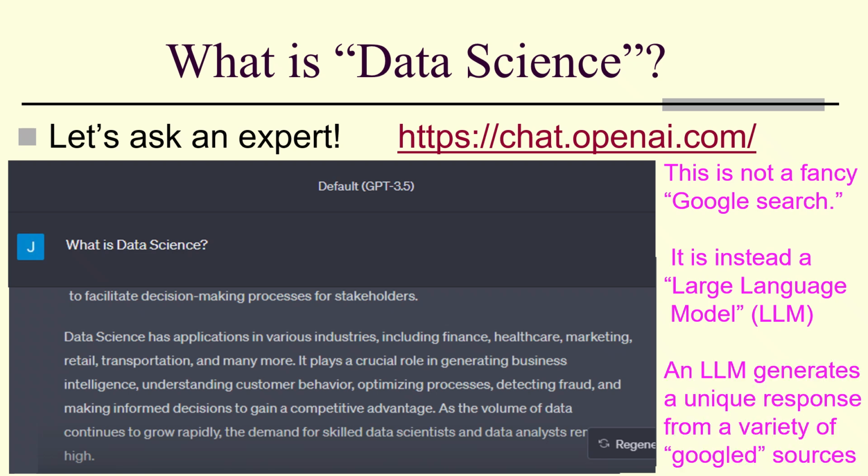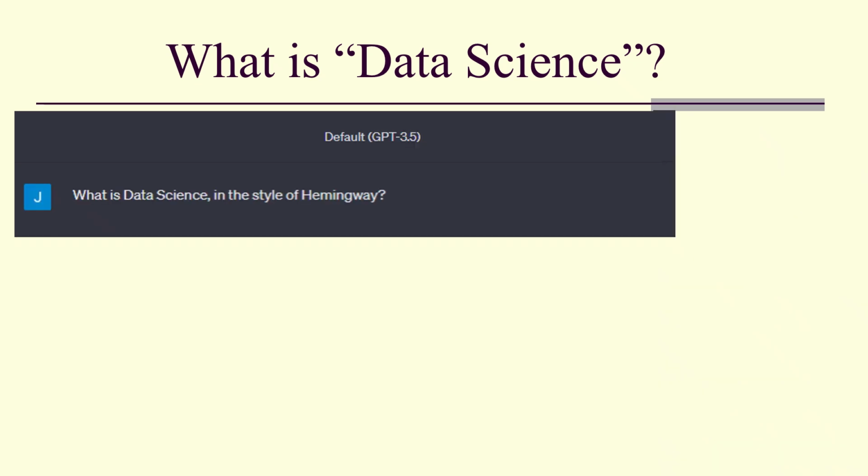And a large language model generates a unique response from a variety of, quote, Googled sources. It can even tell us what data science is in the style of the author Ernest Hemingway.